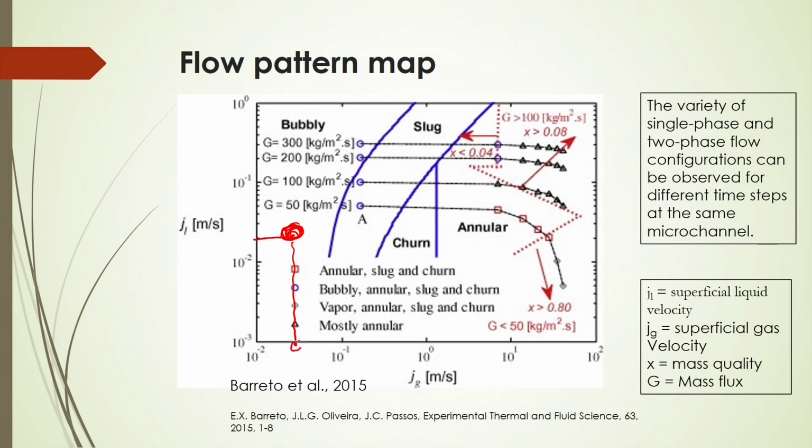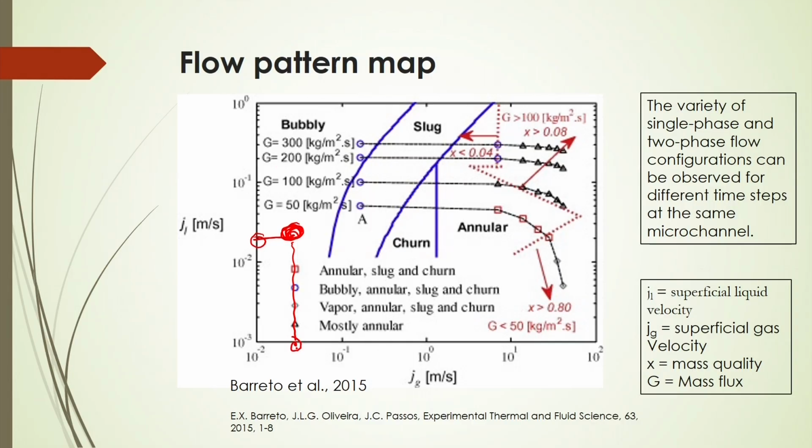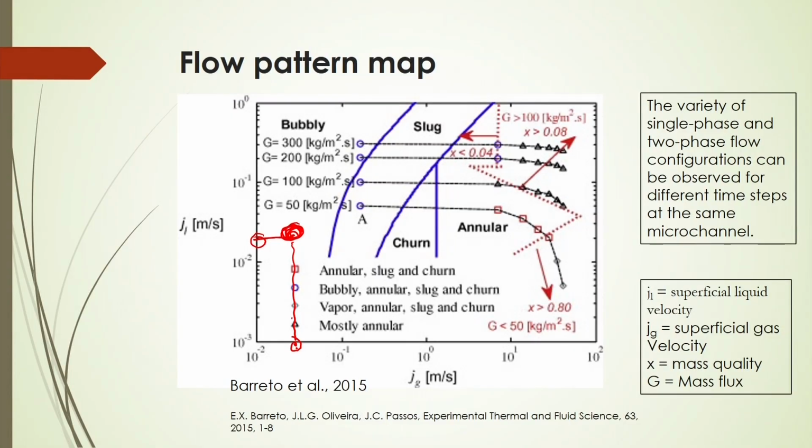At this gas velocity and this liquid velocity, if you operate the monolithic reactor, you may get the bubbly flow pattern. Even if you keep the gas velocity constant and increase the liquid velocity up to this, you may again get the bubbly flow pattern. In this way, keeping the gas velocity constant and increasing the liquid velocity, you may have this region of the bubbly flow pattern.